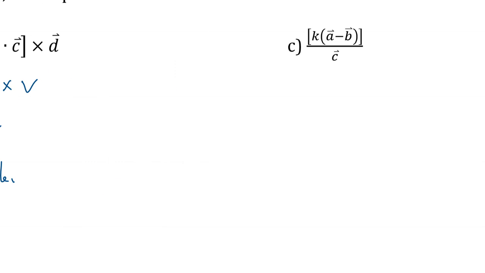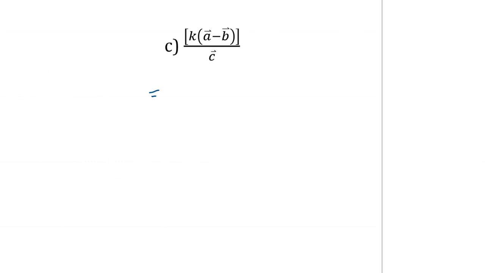Okay, and the last one. So on top here, I've got k times a minus b. Well, what does that result in? If I'm subtracting two vectors, that gives me a vector. Okay, so now scalar times a vector, well, that's fine. That just gives me a vector.